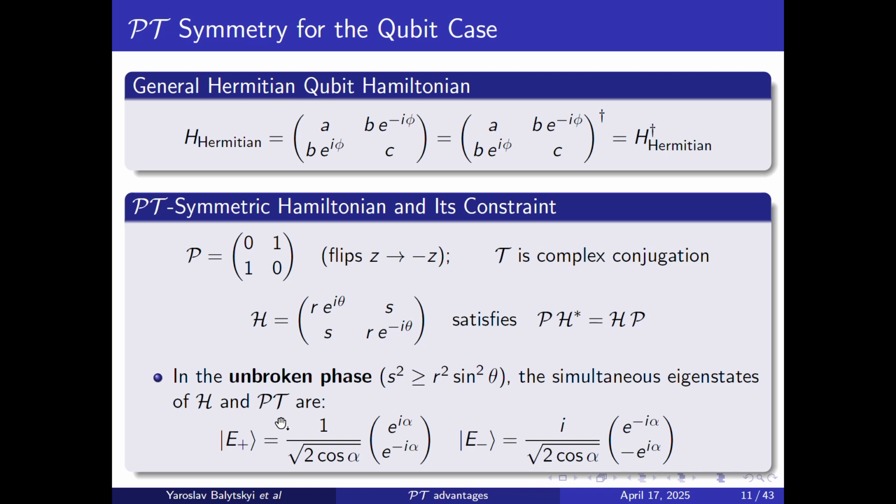Essentially, when you apply P and T, you swap these two, and when you complex conjugate, they return backwards. In the unbroken phase, you can see that this Hamiltonian must be PT-symmetric. This is first, and second, these eigenfunctions, eigenvectors, are both eigenstates of H and PT. So okay.